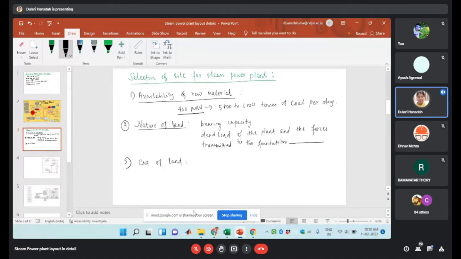We should choose the plant such a way that cost should be reasonable, if we are considering the cities for the transportation as a load center or for the water supply. Okay, so then the fourth point is the availability of the water.